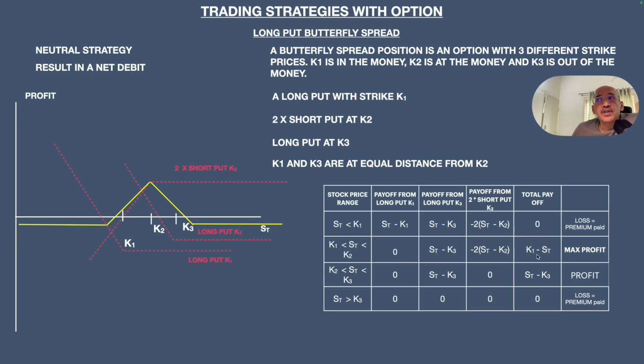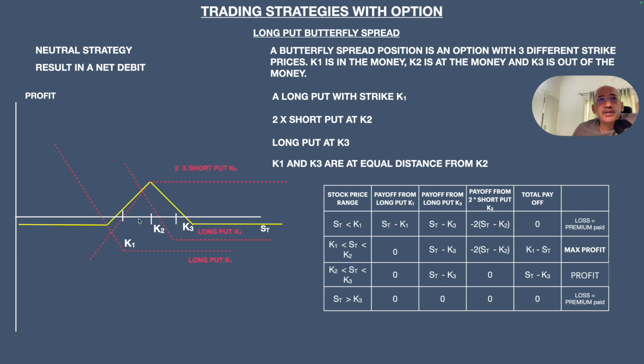The total profit will come from the long put, and there are two short puts. However, you have paid some premium. So K1 minus ST will be the net profit which you have earned.